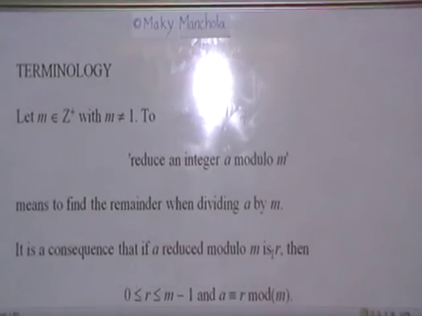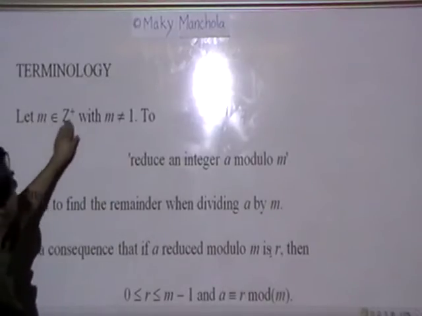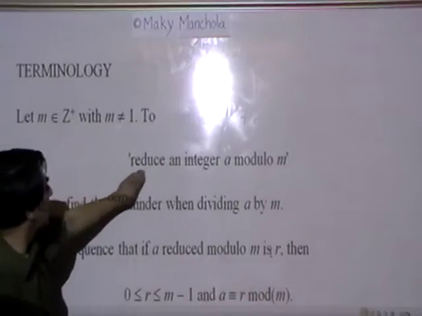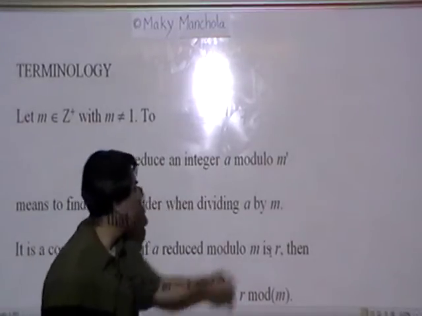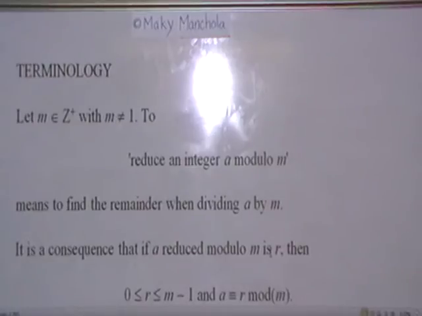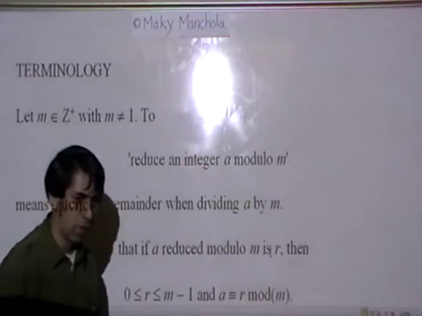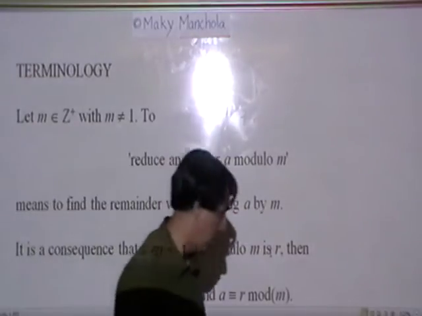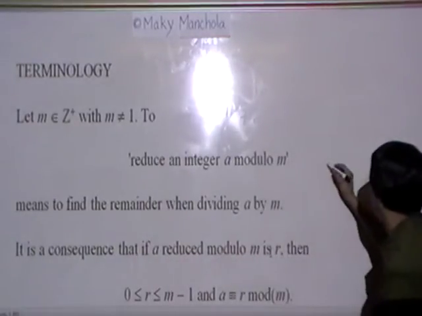Alright, some terminology. Let m be a positive integer with m not equal to 1. To reduce an integer a modulo m means to find the remainder when dividing a by m. So, quick example.